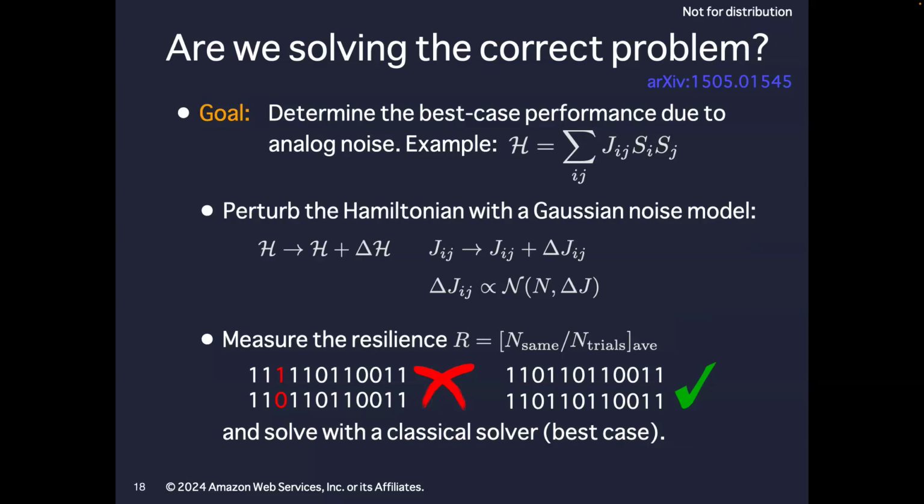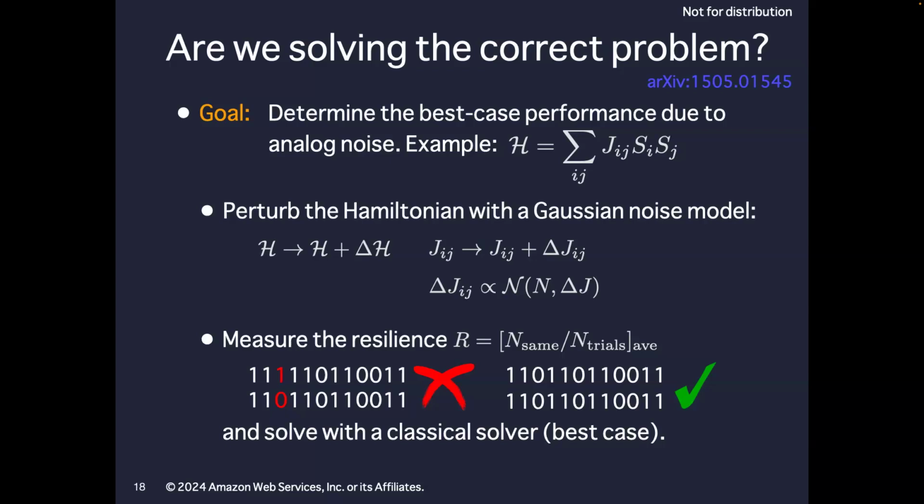Okay? And so what we did here is a very simple numerical experiment. We took a two-dimensional spin glass, random bonds, and then plus minus one. And then what we did is we added some Gaussian noise to the bonds. So you can see there are the JIJs into a JIJ plus a delta JIJ, just some small Gaussian noise of particular width.